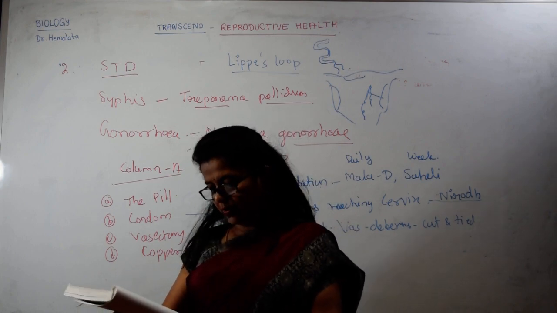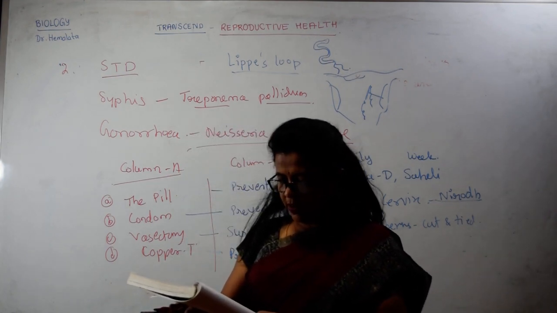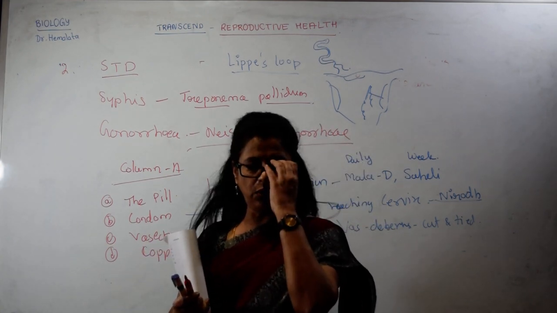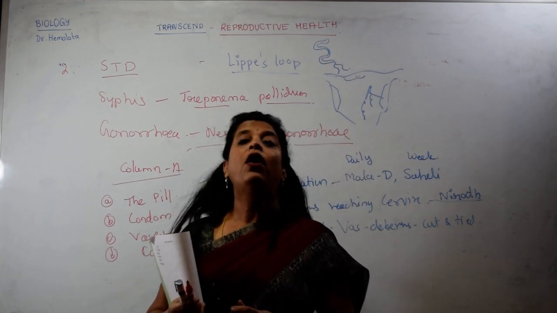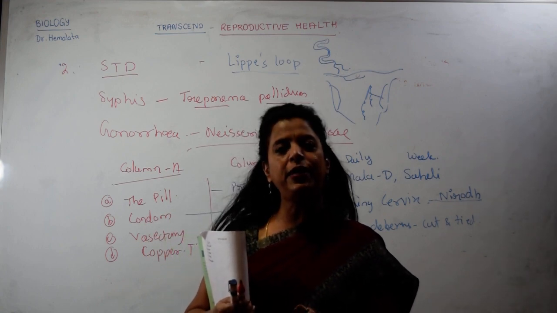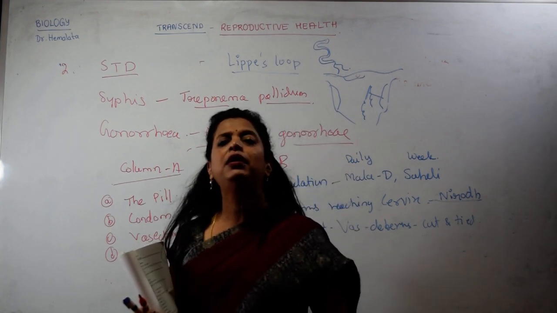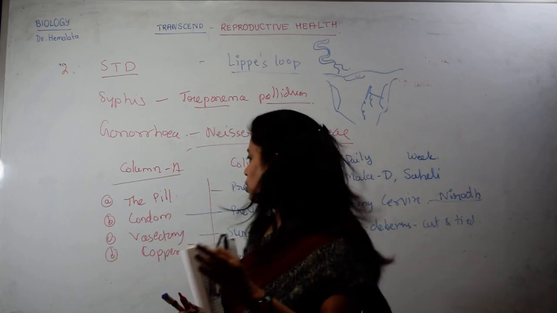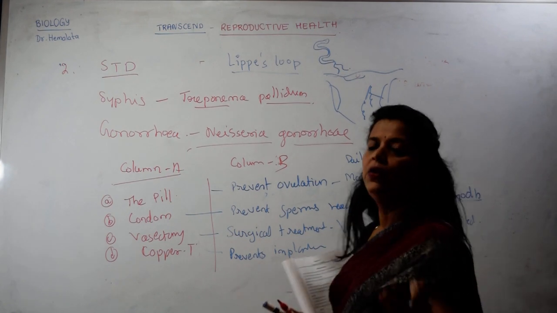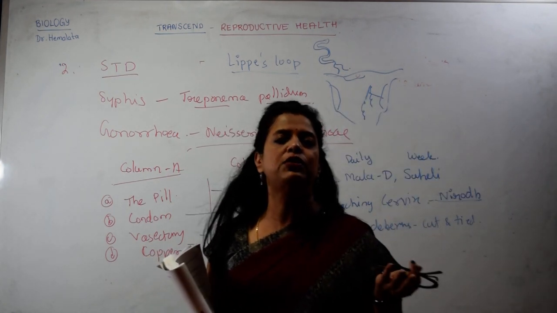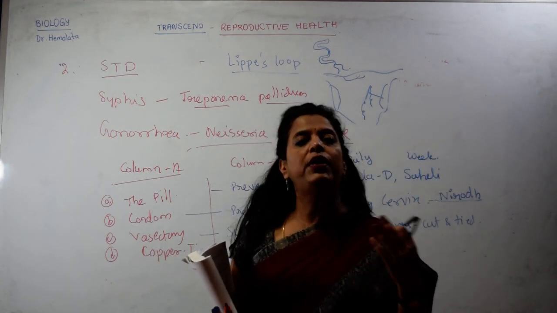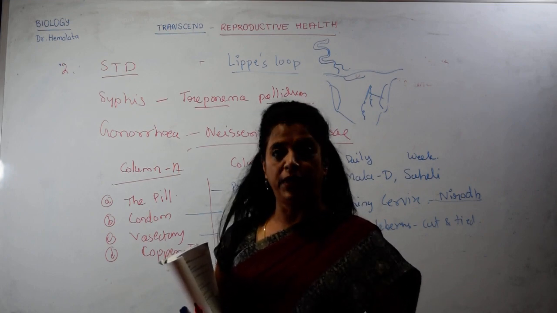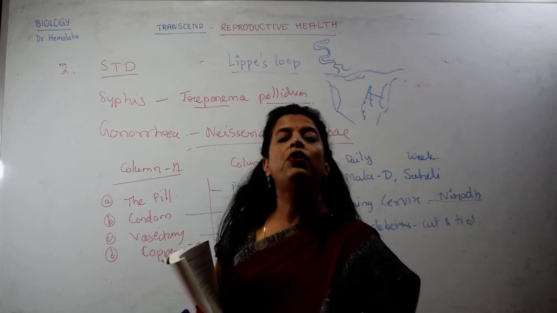Let me go to the third statement, which says that intrauterine devices like copper T are effective contraceptives. Just now I told you, if copper T or any such loops are inserted, the important thing is that implantation is prohibited. It prevents implantation. If there is no implantation, pregnancy is not happening. Therefore, it is a very good contraceptive method to introduce copper T or certain intrauterine devices.